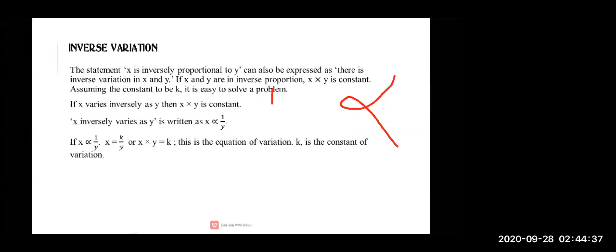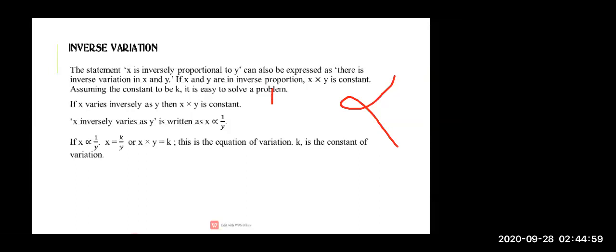So how will you write it? You will write x varies as 1 upon y. That means x equals k upon y, or x multiplied by y equals k.